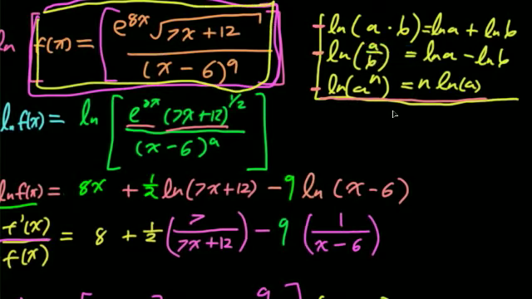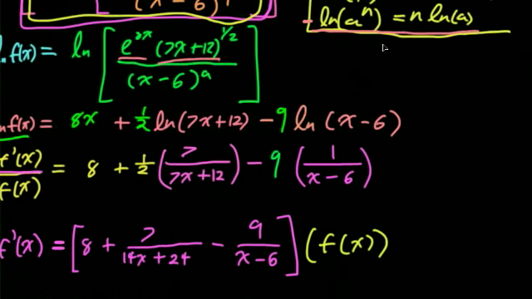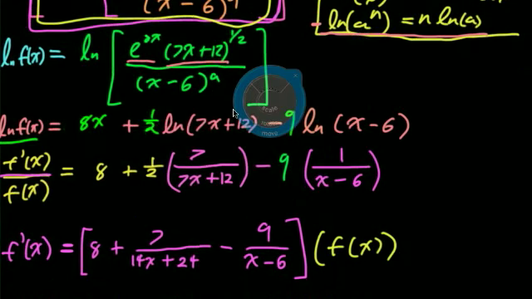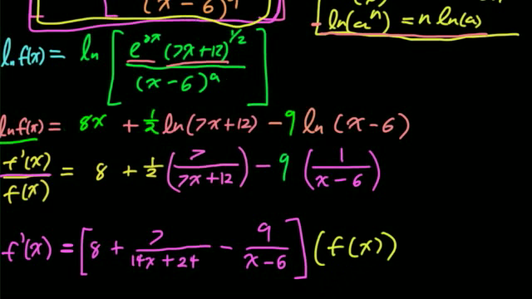I'm going to erase this f of x, and now I'm just going to write f of x as it was explicitly defined.